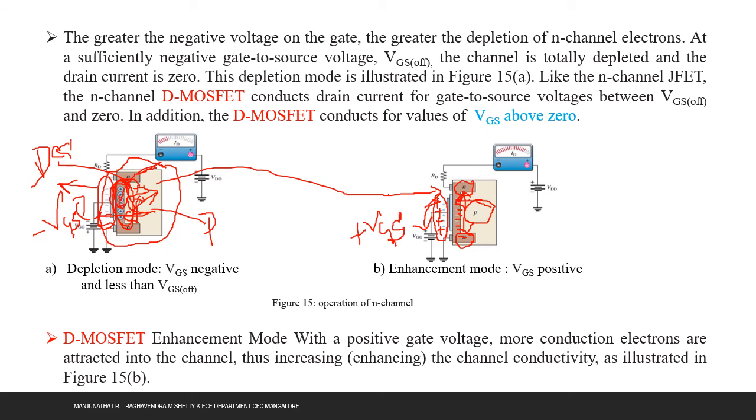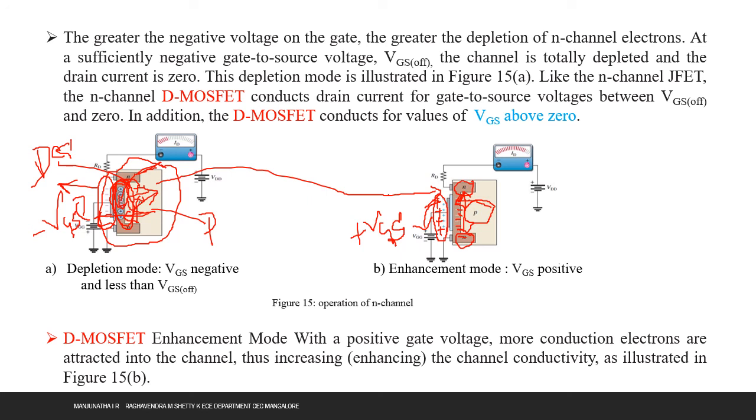See here, we have taken the N channel MOSFET, but with the same device we are making it operate under both depletion and enhancement modes, the D MOSFET and the E MOSFET, or enhancement MOSFET.